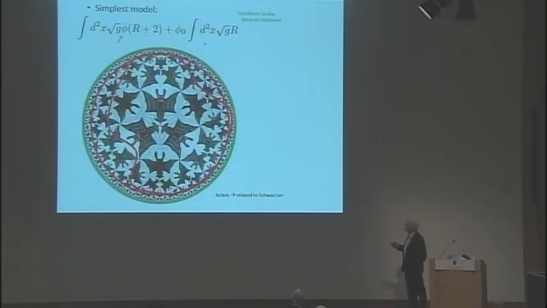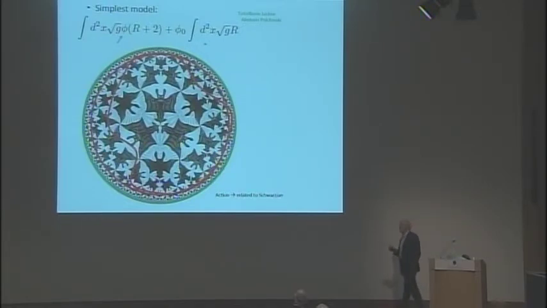And they added another degree of freedom, called phi here, whose equation of motion is just the constraint that the Einsteinian curvature be equal to minus the cosmological constant, minus 2.